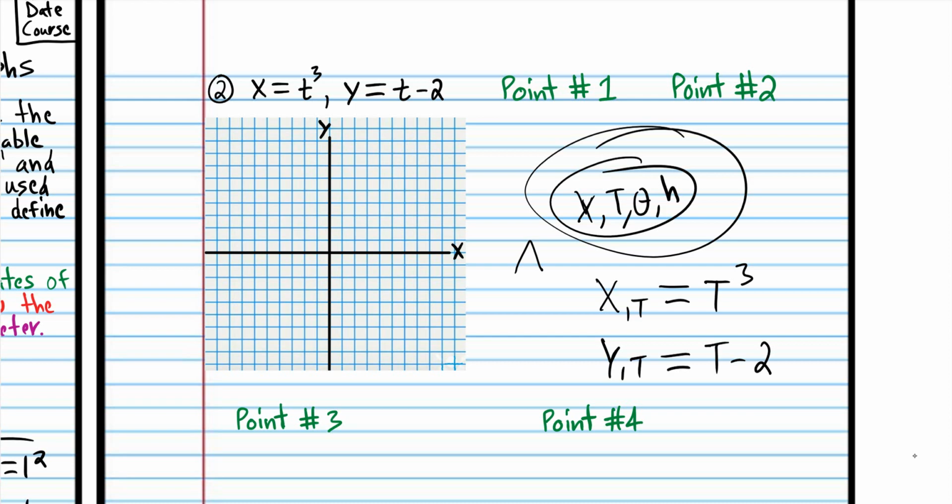So if you go to the top of the screen in your window button, you should have t minimum -10, t max 10, t step 0.1, x minimum -10, x max 10, x scale 1, y minimum -9, y max 9, and y scale 1.